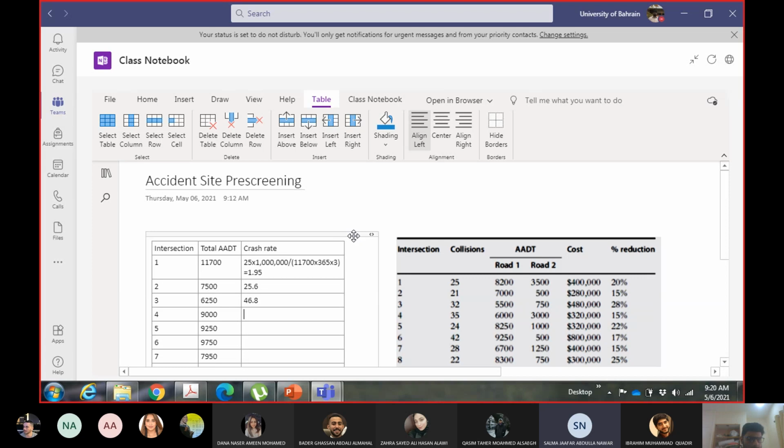The numbers are into 10 to the power of 6. So yes, my numbers are correct. She was right. They were correct. My mistake.